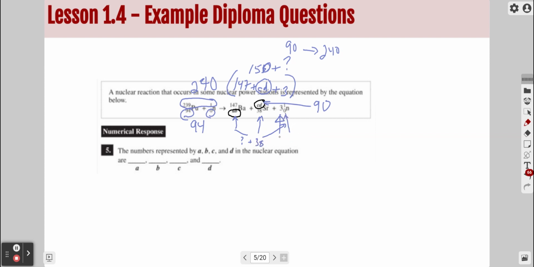Even if it's 3 times 0, it's still 0. So 38. So we'll take 94 minus 38. And 56. So if we add 56 plus 38, we'll get 94. So AB must be 56, and CD must be, what was it, 90.